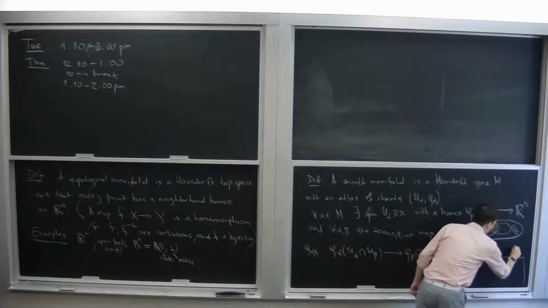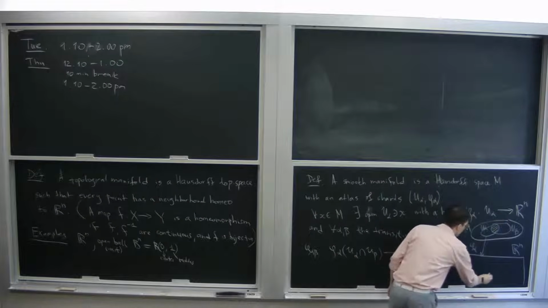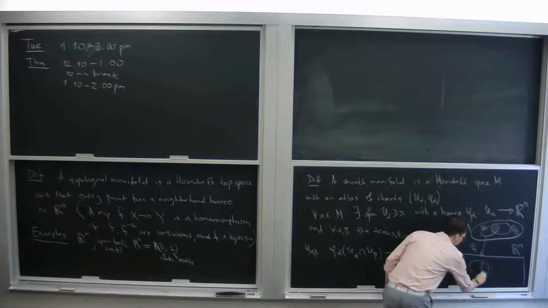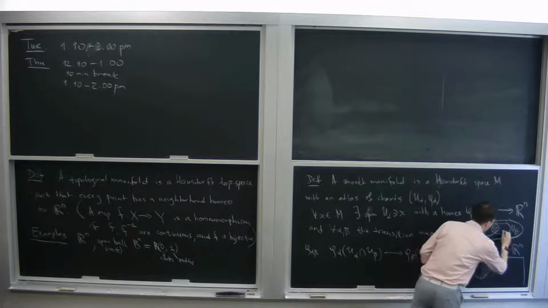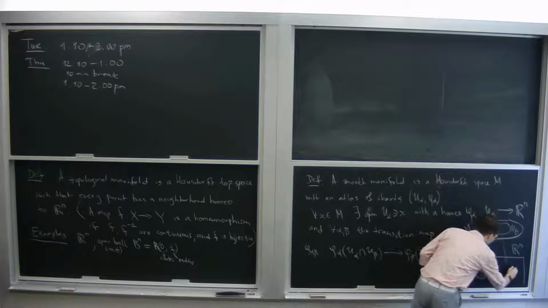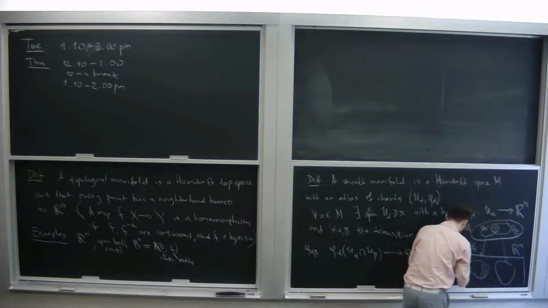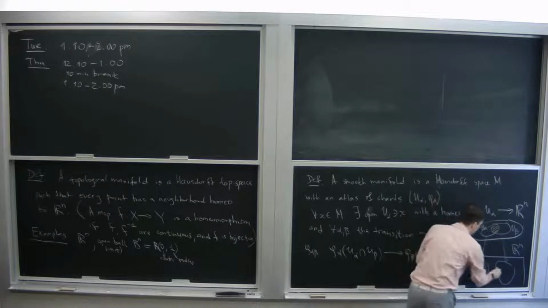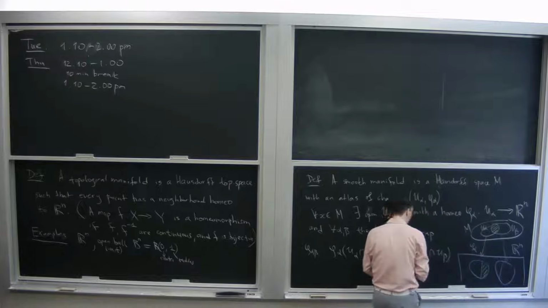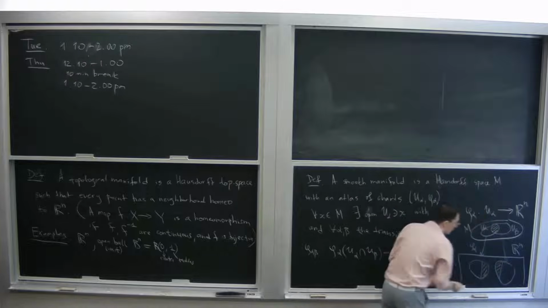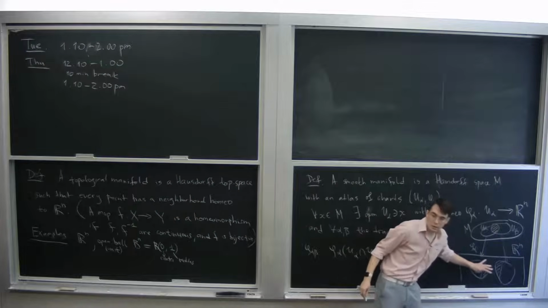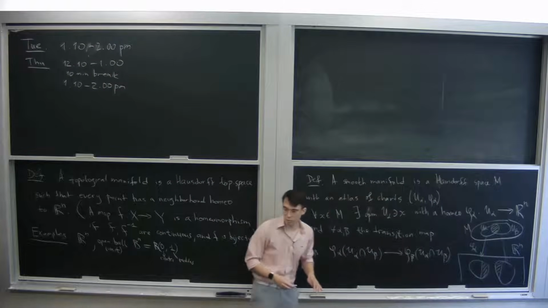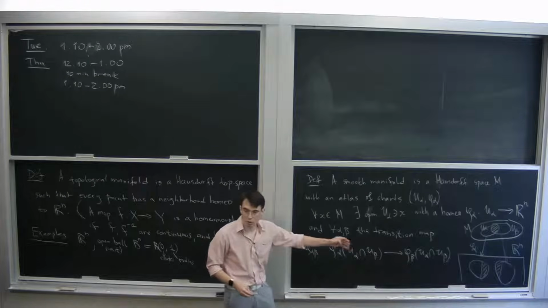So under phi alpha, this is my Rn, it goes somewhere here. They might intersect actually somehow, but it doesn't matter. The image under the second one is this. Now these two sets are sitting in Rn, and so we have some differentiable structure in Rn.